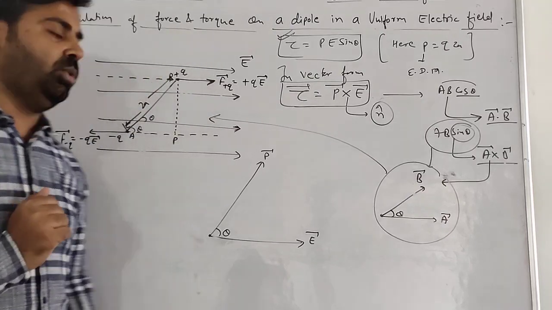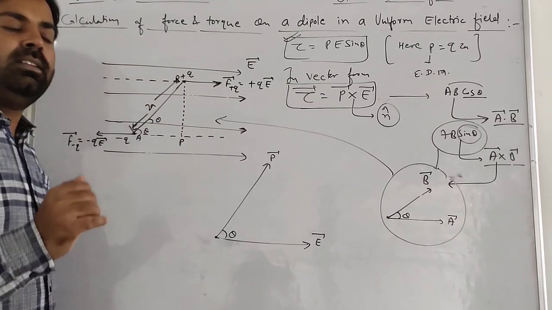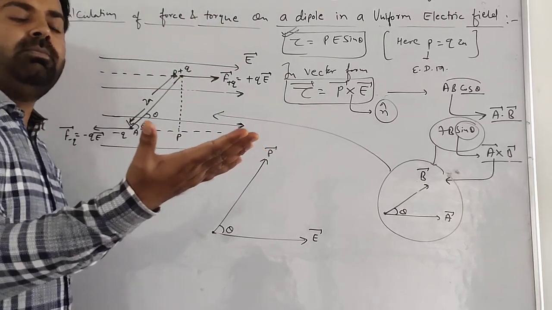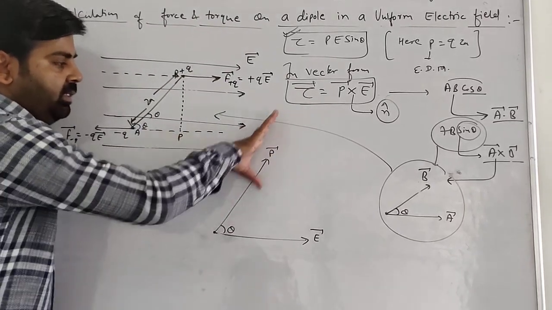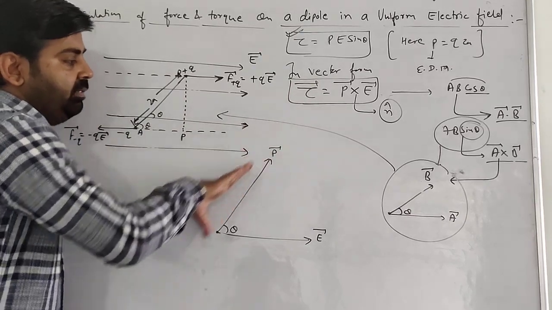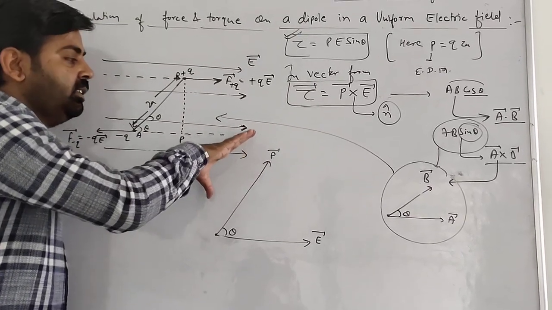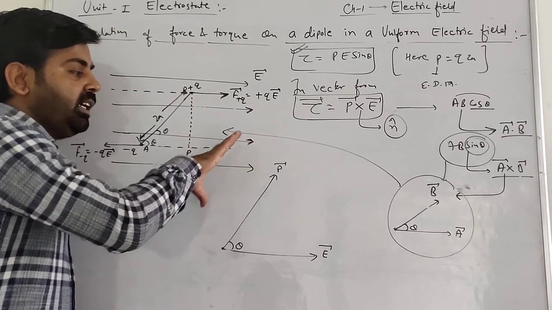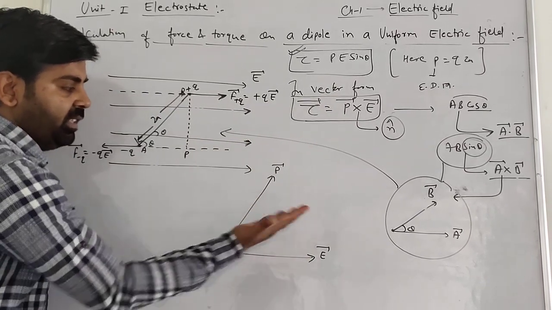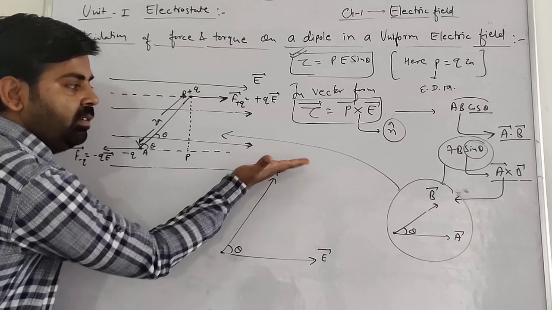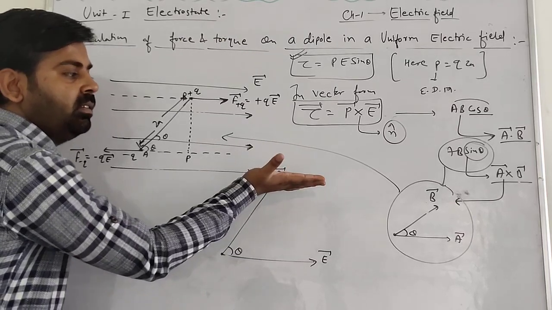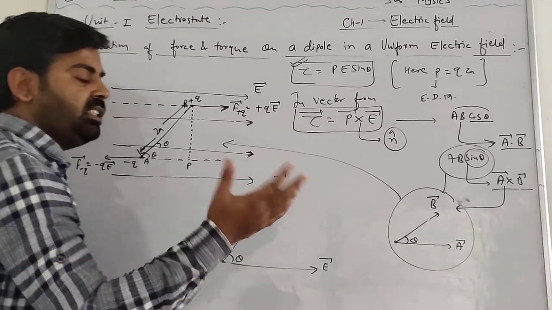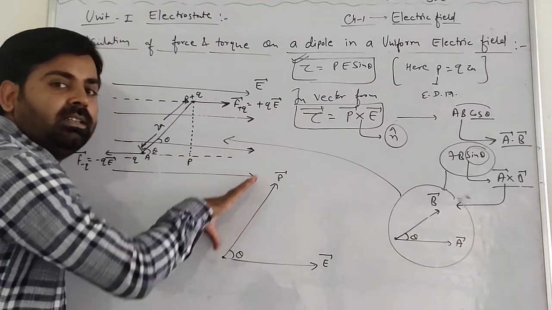Now from the right hand thumb rule, we find its direction. Firstly, we stretch our right hand fingers along the first vector this way. If we stretch in this way, we can't rotate our fingers to the second vector. So we stretch our fingers in this way along the first vector.